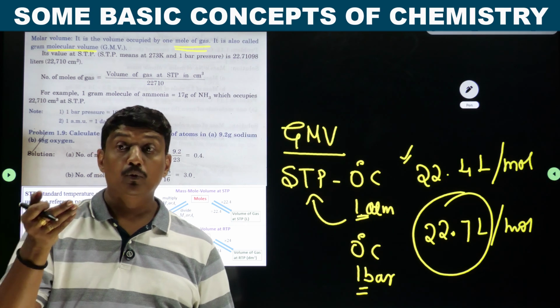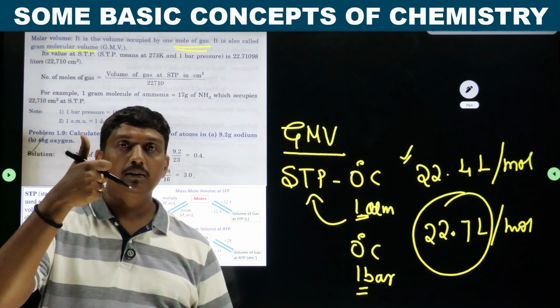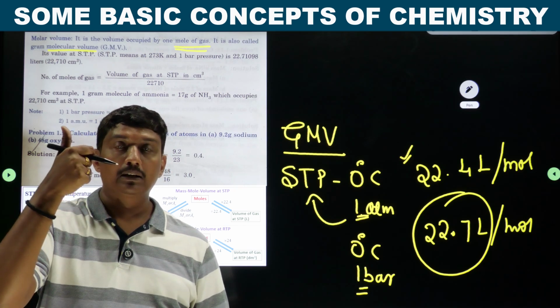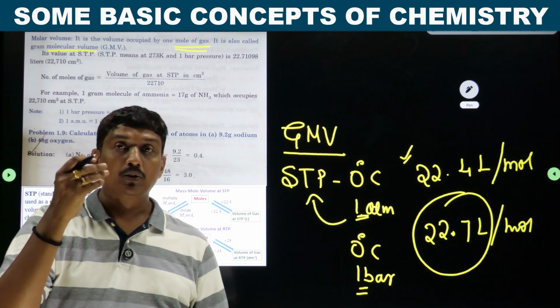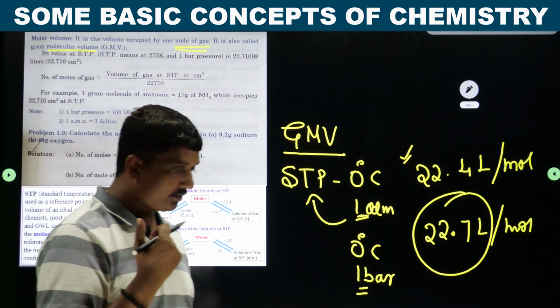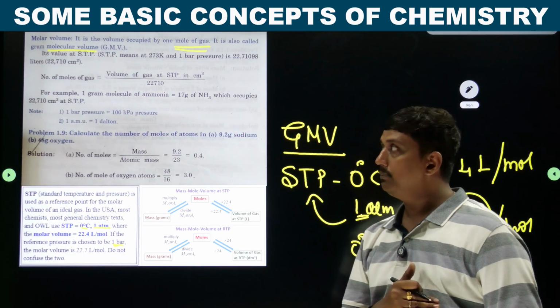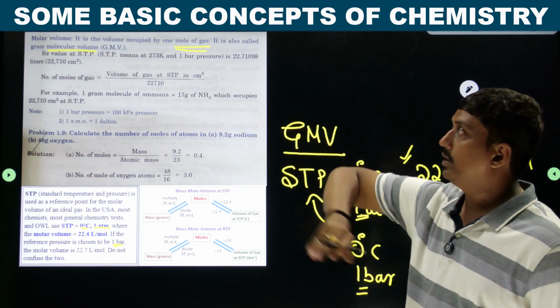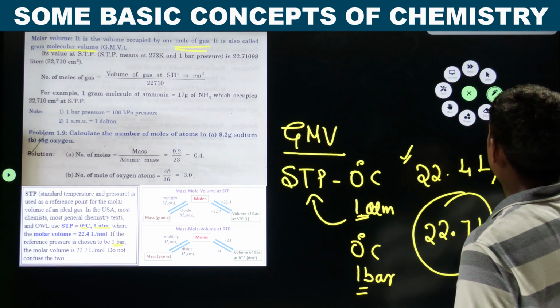With the help of volume also, you can calculate its mass and the number of gram molecules. So this is very important. Fine. Let us go to another topic of the same concept, molar volumes only. I hope it is clear.